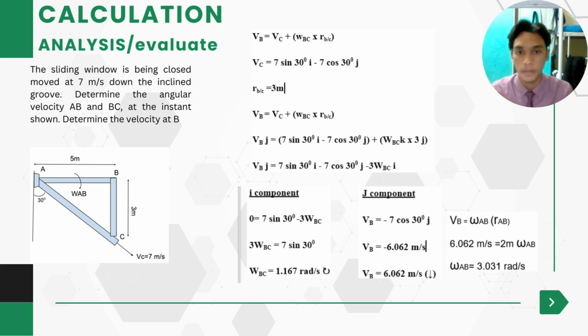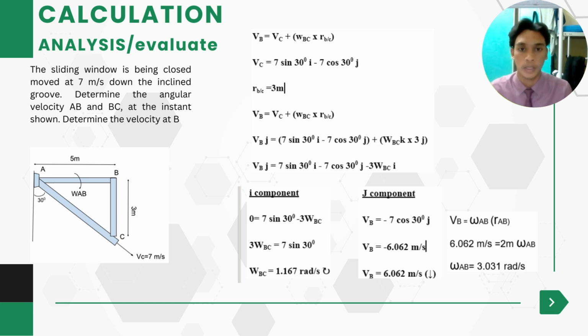For the calculation, we first put the equation of velocity, which is VB equals VC plus omega BC times RBC. Don't forget that omega BC times RBC is a cross product, so we have to put it in Cartesian form. We cannot solve using this full velocity equation yet because we are lacking information.